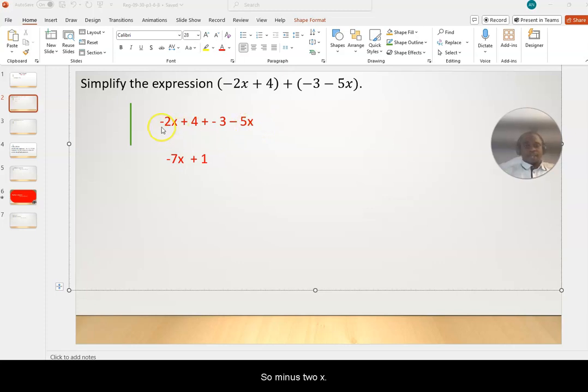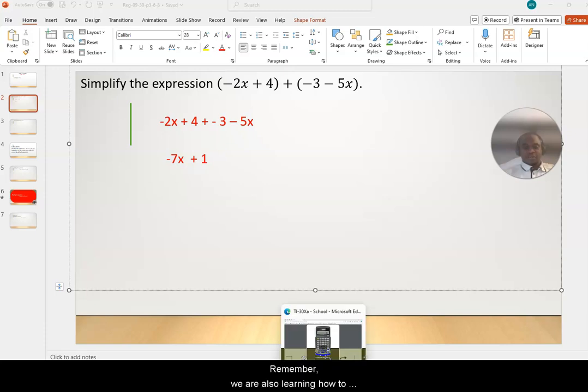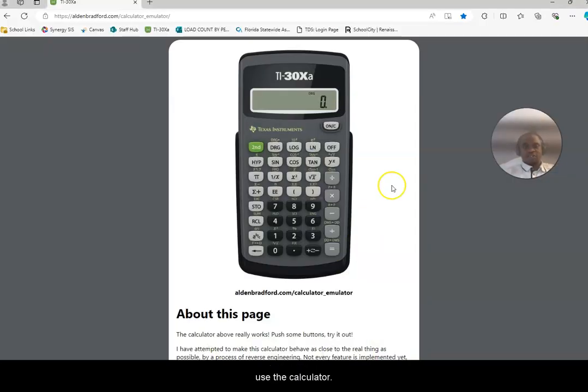So minus 2x minus 5x, what is it going to give us? It's going to give us minus 7x. How did we get it? Remember, we are also learning how to use the calculator. So let's see how we are going to press minus 2x.